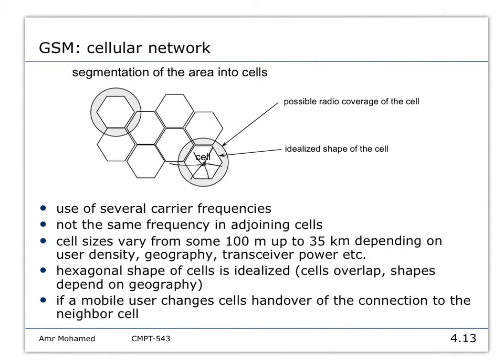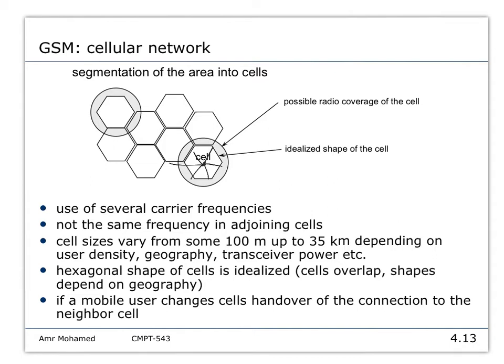But of course, if you do that in an urban city where you have small cells, there will be some interference between the different cells, in which case the transmission power will be reduced so that you have smaller cells. And of course, we talked about the advantage of smaller cells because it increases the capacity of the system overall, right?